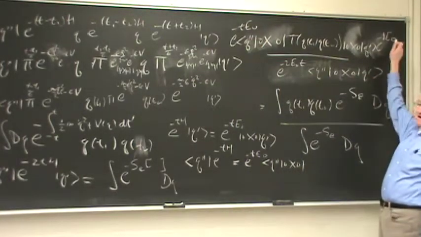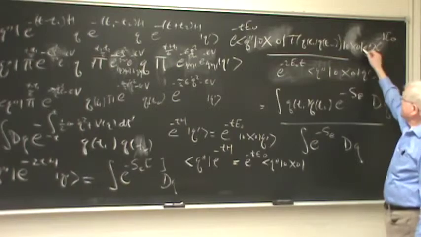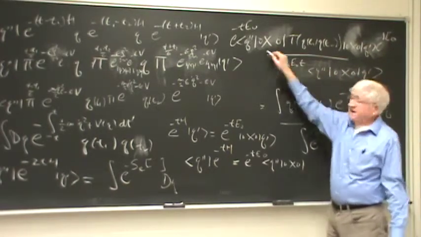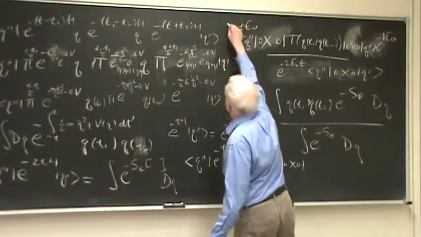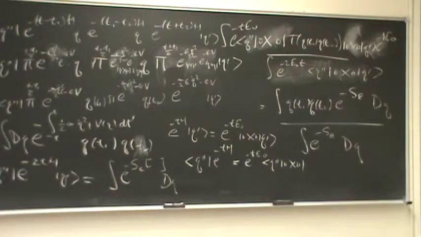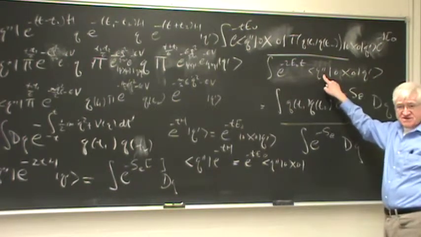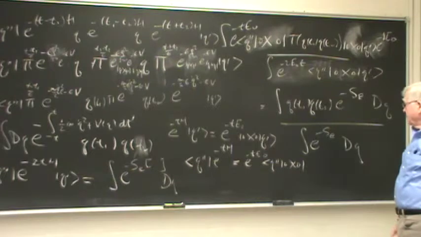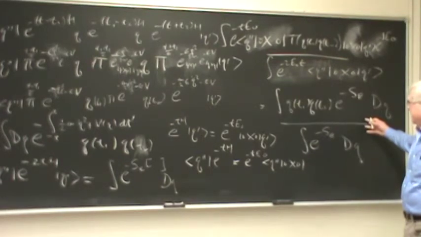So you see you have in the numerator two factors of e to the minus te0 and 2 in the denominator. You also have this guy and that guy, and this guy and that guy. And we have an integration. And let us, in fact, keep q prime and q double prime fixed. Then they completely cancel. And when they completely cancel, then we've just got the right-hand side.